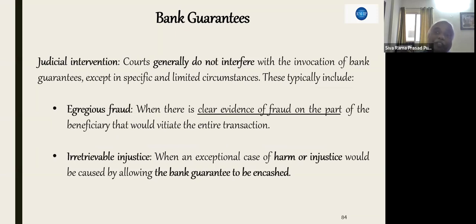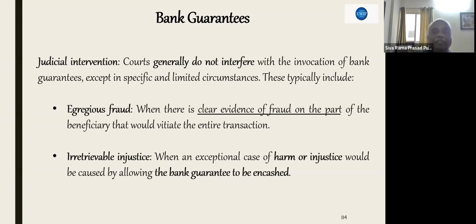Except in specific and limited circumstances. If it is a fraudulent transaction, either from the beneficiary or the applicant, then these are typically included. Fraud, egregious, where there is clear evidence of fraud on the part of the beneficiary that would vitiate the entire transaction.